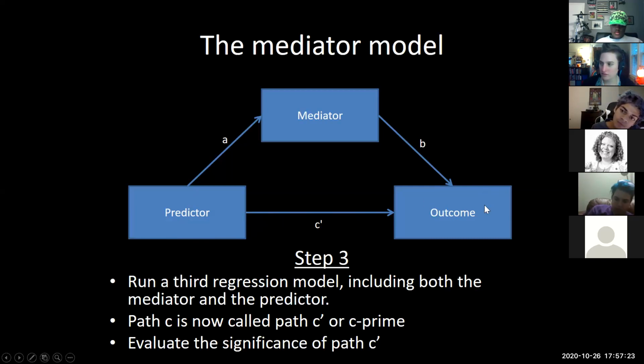The outcome is the school district's performance index letter grade. And the mediator is average years of teaching experience in the district.